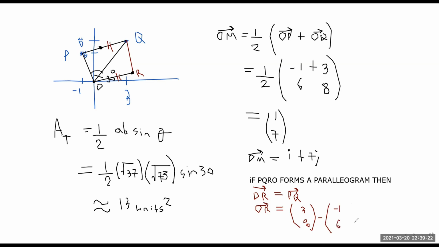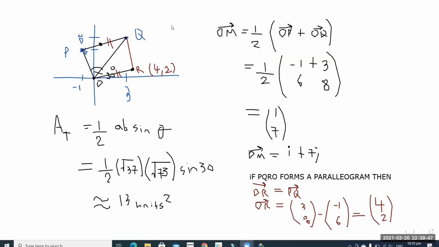So what we get is 3 minus negative 1, which is 4, and then 8 minus 6, which is 2. And so vector OR is (4, 2). See, R here is the point (4, 2). We're going to verify all of this, of course. Nice, so we're good to go.